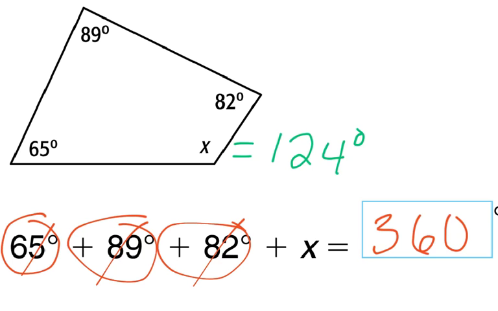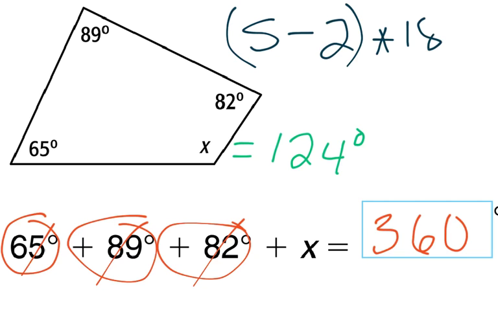So in this case, we can discover that x equals 124 degrees just based on our rule. And once again, our rule was the amount of sides minus 2 times 180. And that gives you your total degrees. And then you just have to work backwards, subtracting the pieces that you know.